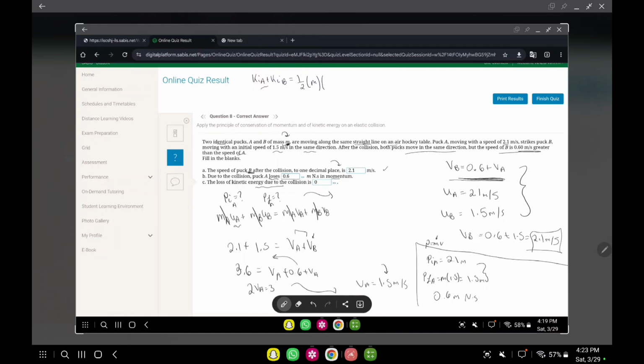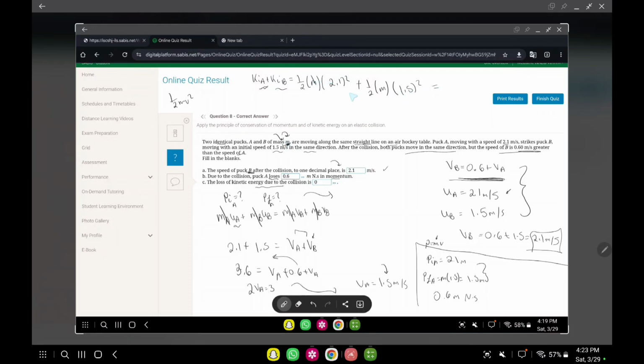Not VA, I should have said UA. If you don't know, kinetic energy is half mv squared. The initial speed of A was 2.1 squared. Plus the same thing with B: they both have mass m, times its initial speed, 1.5 squared.